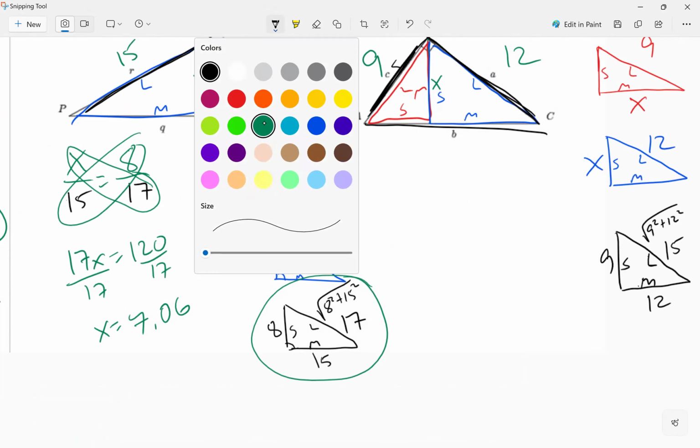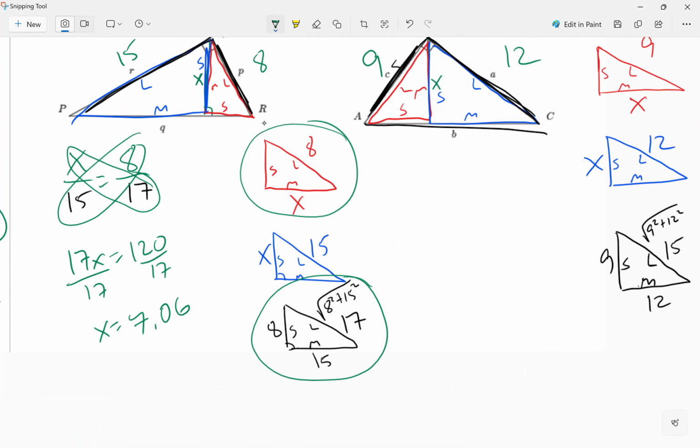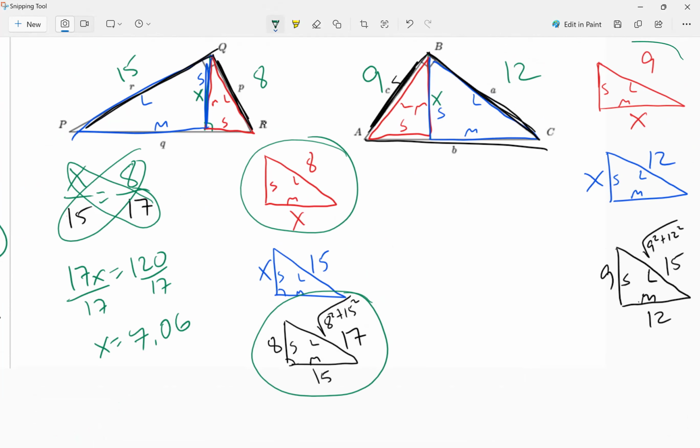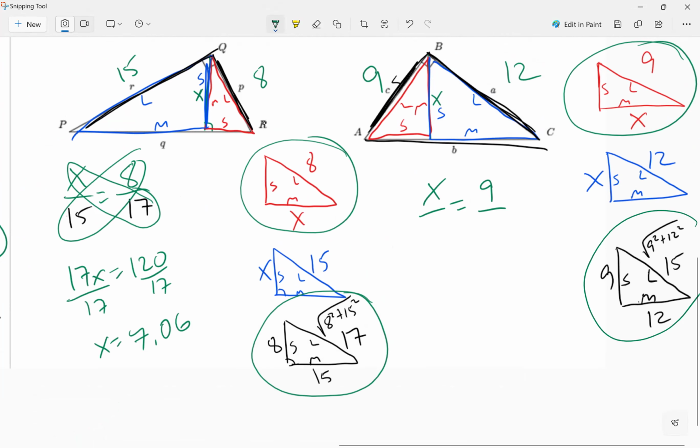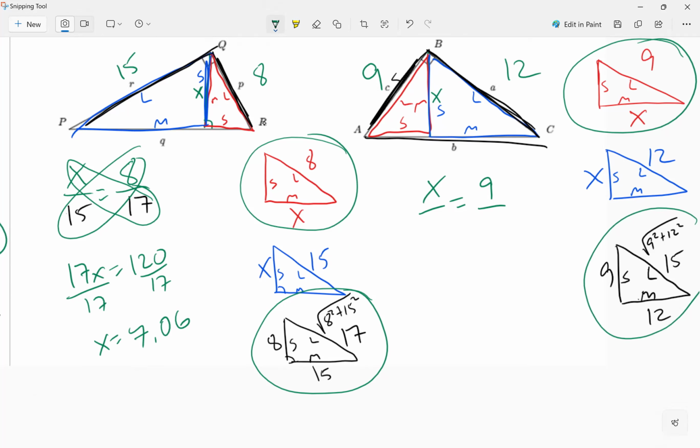Okay, so from the other two triangles, let me pick one. Doesn't matter, I'll pick the red one. The two measurements that I know are X and 9. And I'm going to use the black one. So X is medium, right? So X goes with 12. 9 is large, so 9 goes with 15. Let me cross multiply. 15 times X is 15X. 9 times 12 is 108.